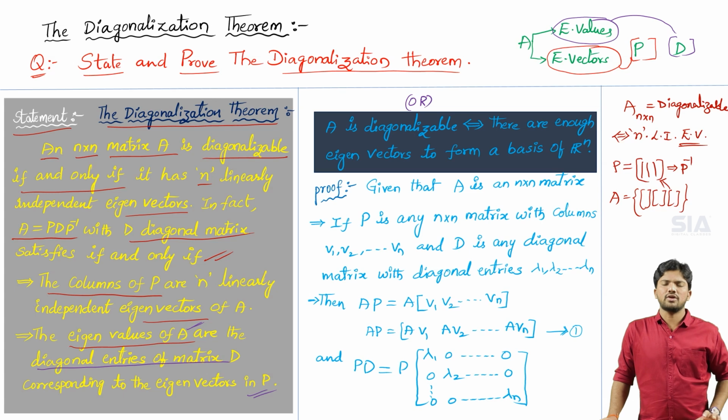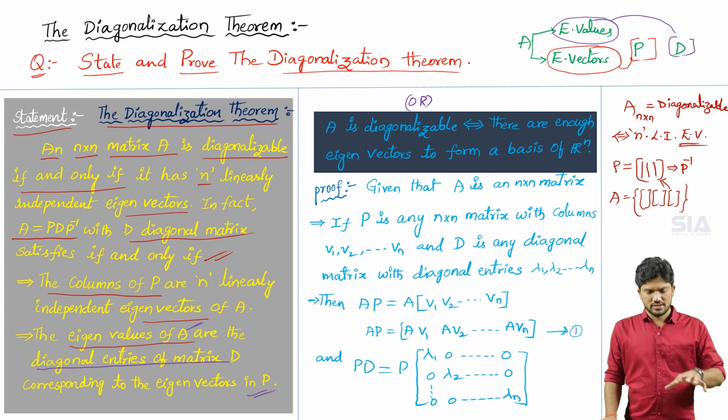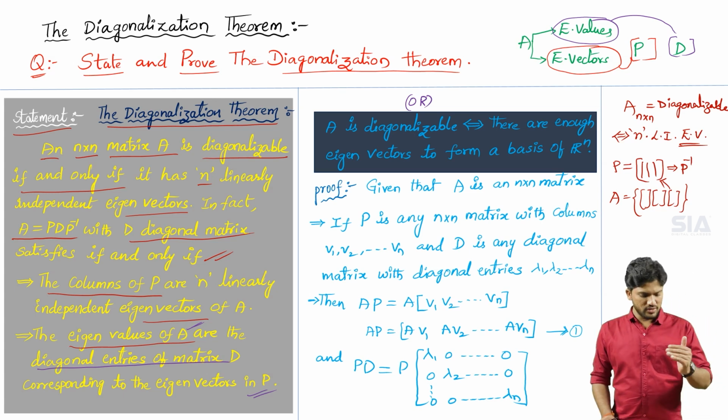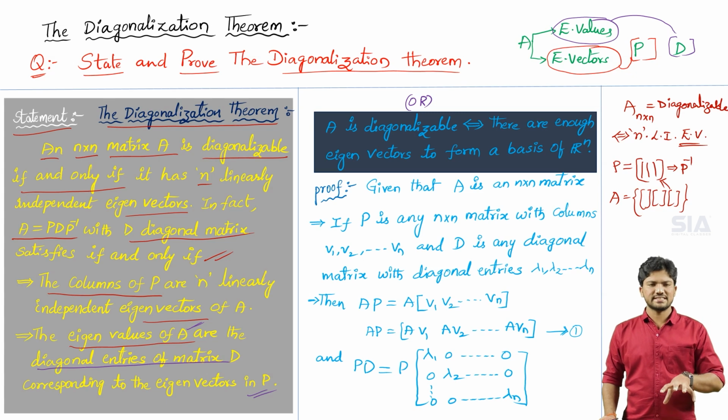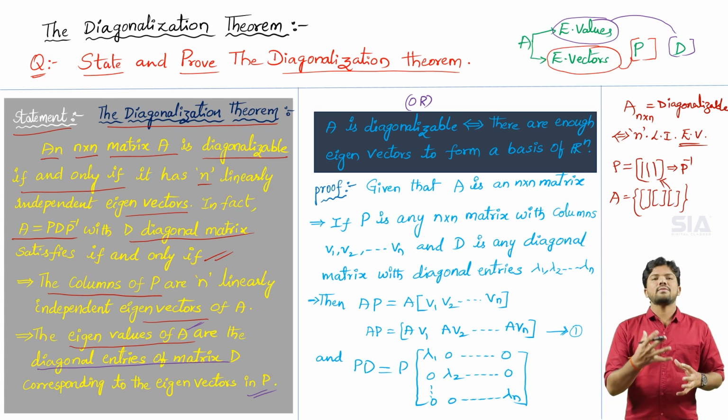This is one of the important statements of this unit 3. In this theorem, we are discussing diagonalization of a matrix.